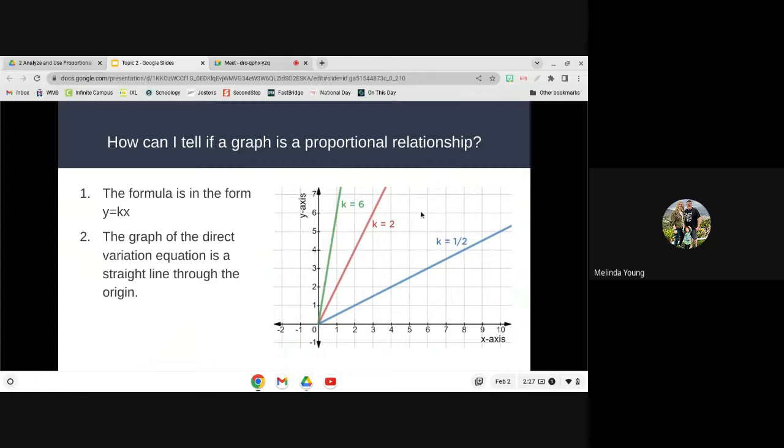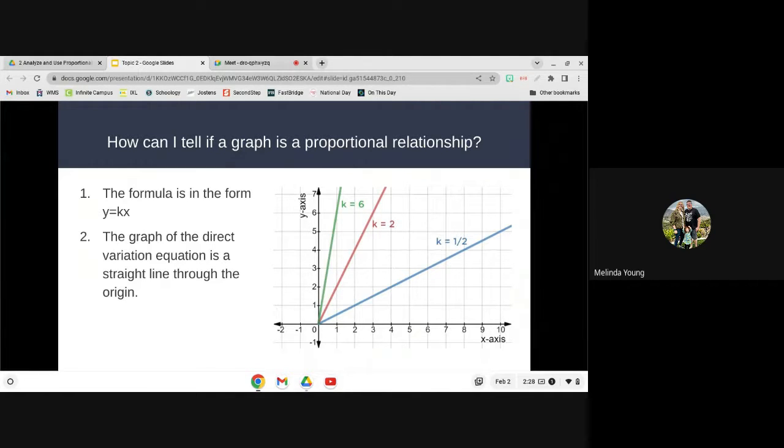So these are 3 different examples where this one has my k, my constant of proportionality, at 6. This one has my constant of proportionality at 2. This one has my constant of proportionality at 1/2. So you can see how the graph changes depending on what the constant of proportionality is, but all 3 of these lines are considered proportional relationships.